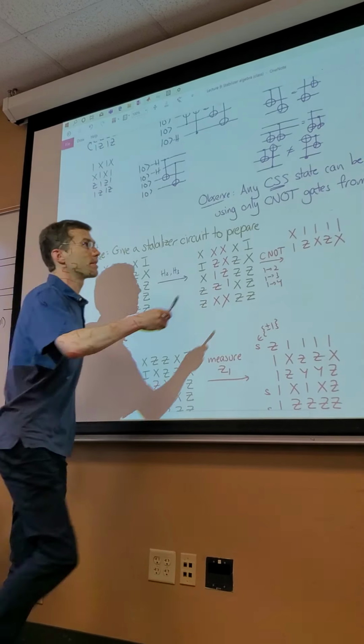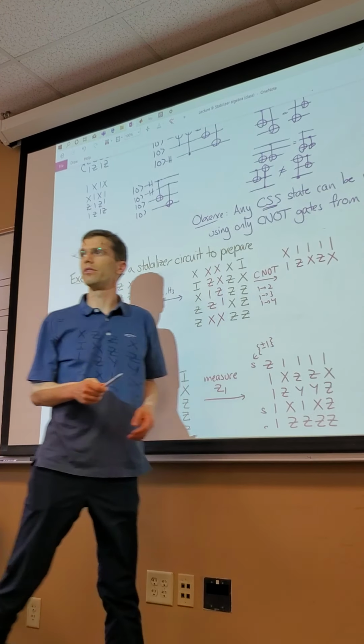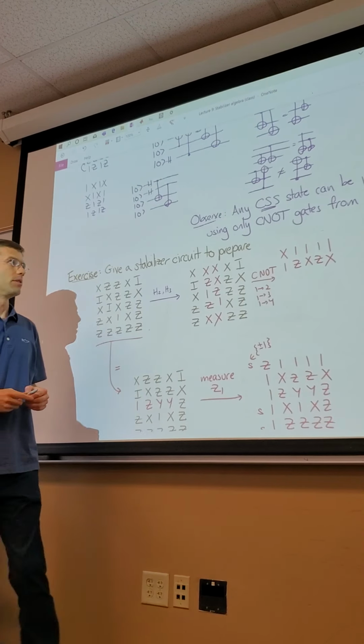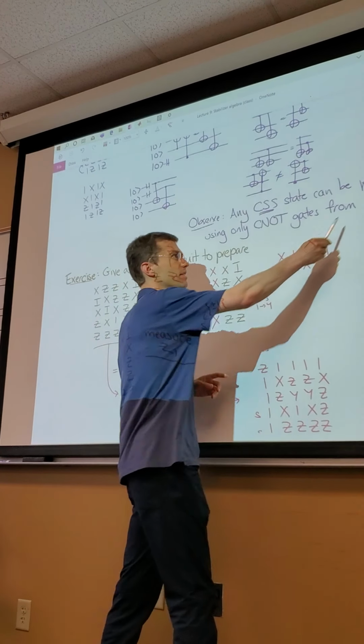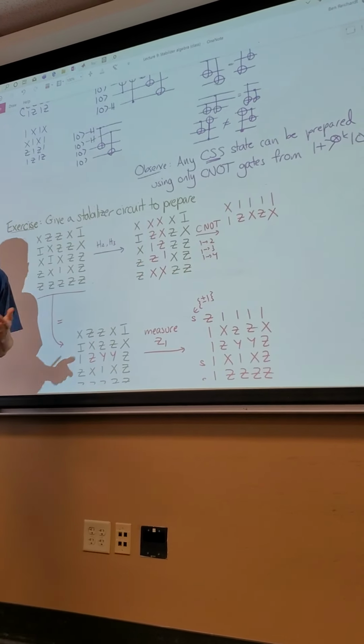So this k is the number of X stabilizer generators, and this n minus k is the number of Z stabilizer generators. So yeah, you can make these into zeros if you have Hadamards, but if you only have C0 gates, you can't.